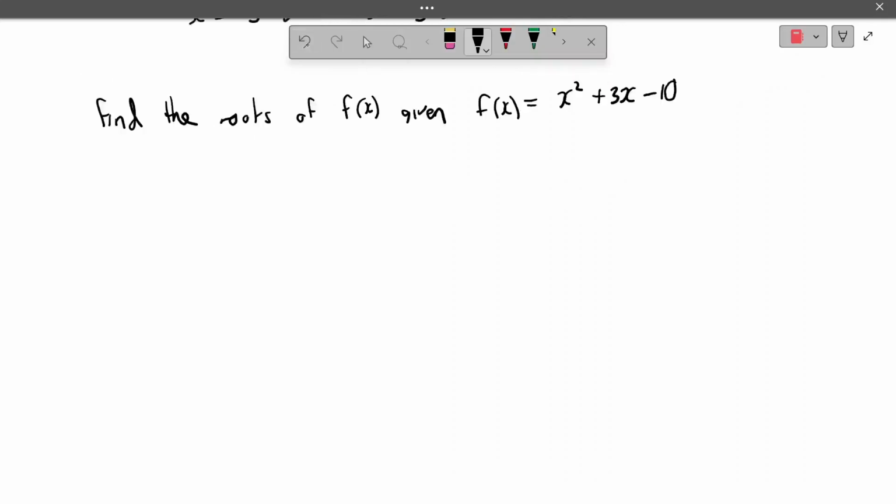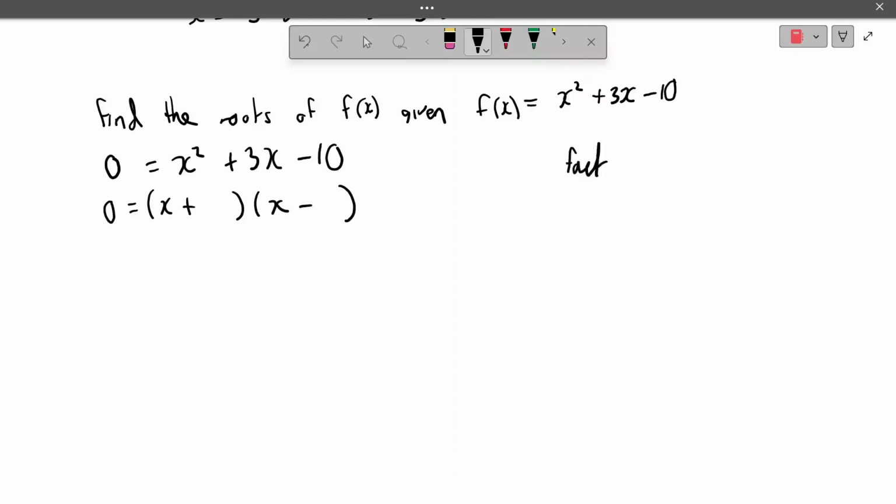So here's another very similar one, but here we have just a normal quadratic: find the roots of f of x, given f of x equals x squared plus 3x minus 10. Again, you just do 0 equals x squared plus 3x minus 10. This is factorizable, but you can also solve it by the quadratic formula. So you have 0 equals brackets x plus and x minus.